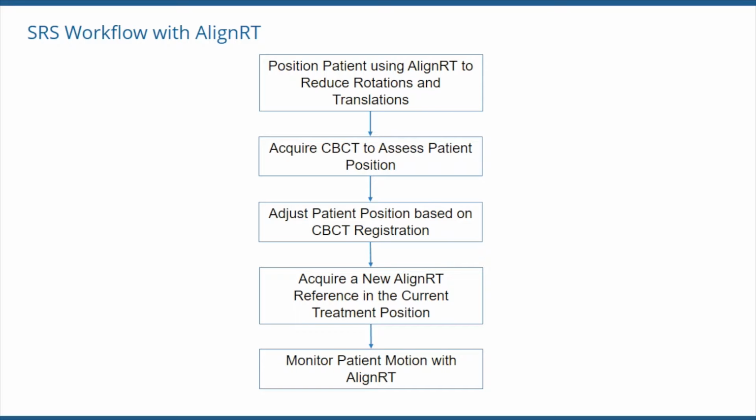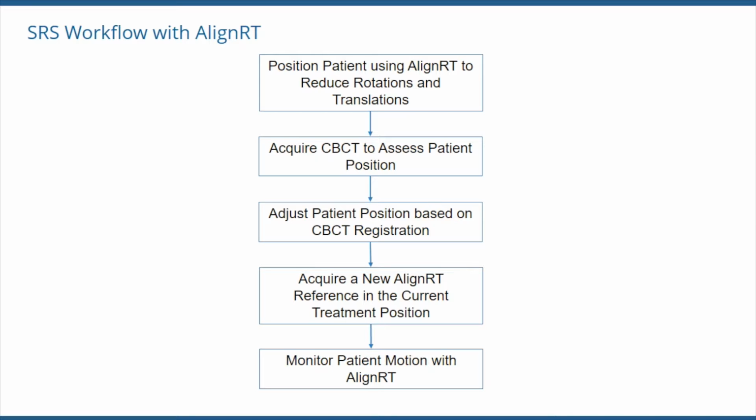The clinical workflow for stereotactic within our department with the addition of AlignRT is pretty straightforward. The patient is positioned with AlignRT. As mentioned, multiple ROIs can be used to correct for postural alignment. When the delta values are zeroed or within tolerance, for example 1mm, 1 degree, a CBCT scan is acquired.